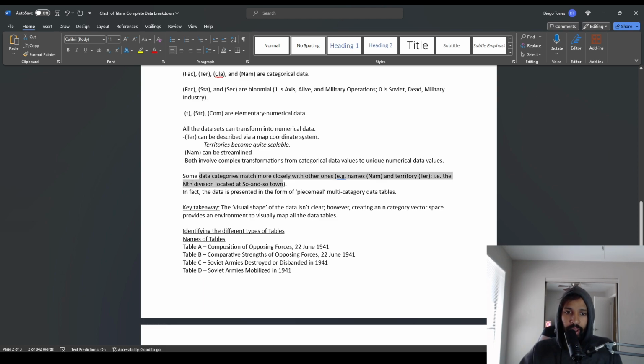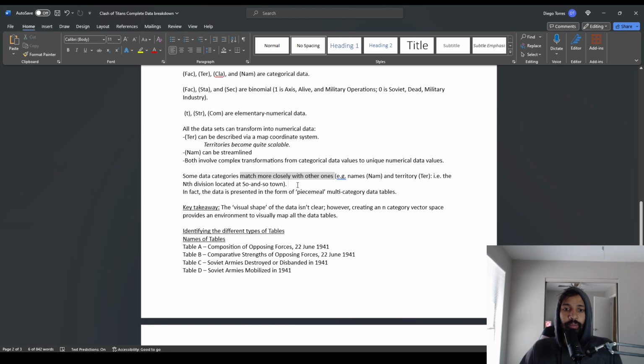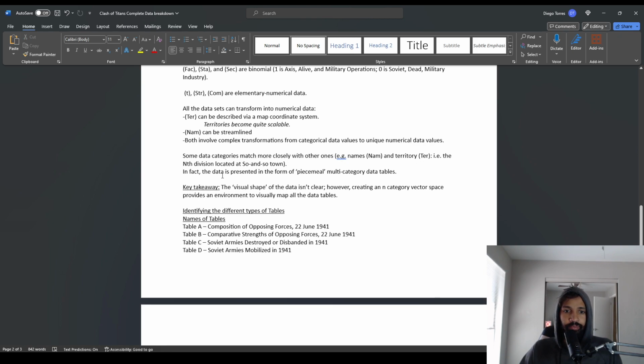It's going to be in this format. So it's important that I have that in mind, because as we try to structure all this data and create a map of all this data, it's important to understand these connections. You may even be able to create functions between different data categories, right? So that's going to be pretty interesting.